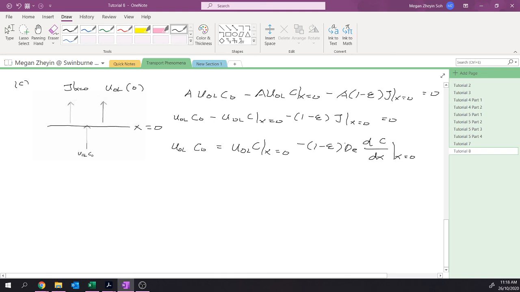Sorry, this one is negative over here. J is equal to negative dE, and that should give us C at x equals to 0 plus 1 minus epsilon, because your negative over here multiplied with your negative over here.